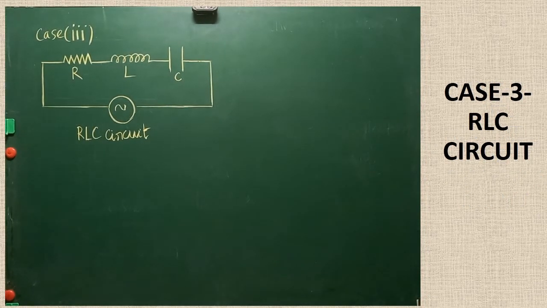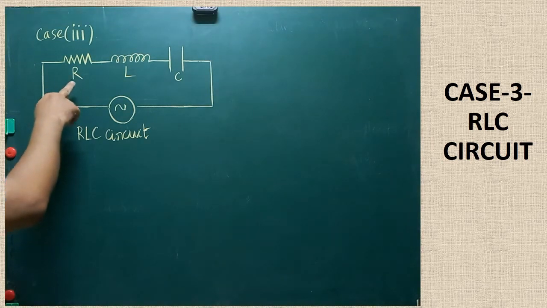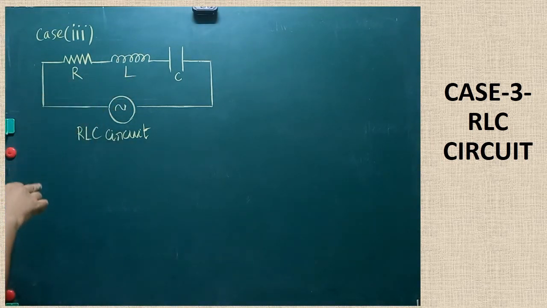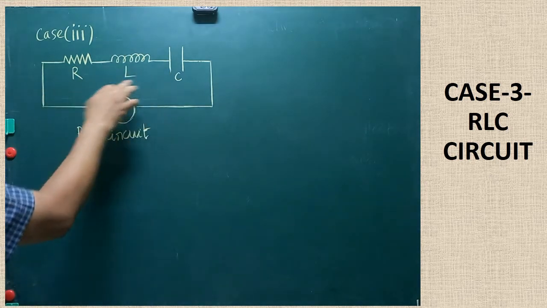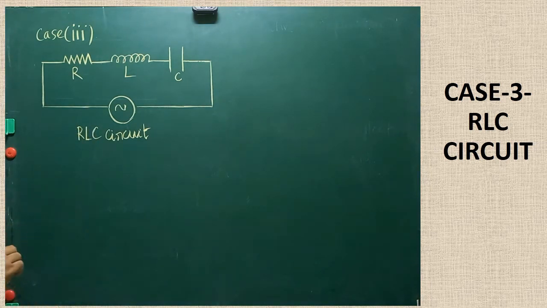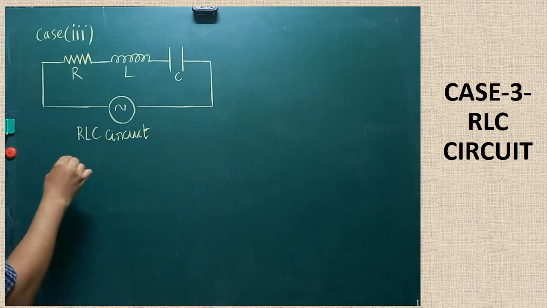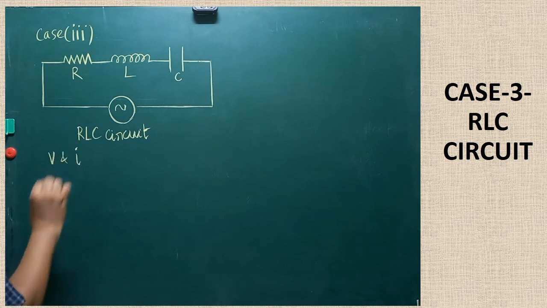Now we are going to calculate the average power in the case of case 3. Here in this case, we have taken the RLC circuit. In the case of RLC circuit, all the three components are there: resistance, inductor and capacitor. This one also was already taught in the class, and we have already learnt how to calculate the phase difference between the instantaneous voltage and instantaneous current.